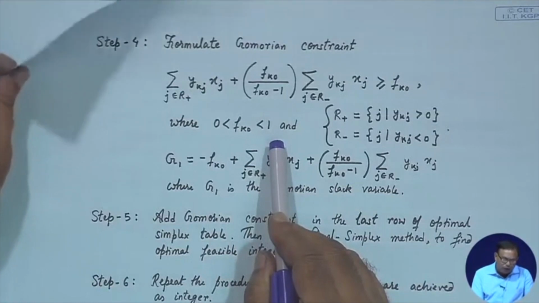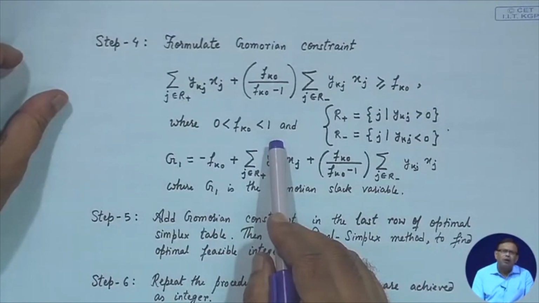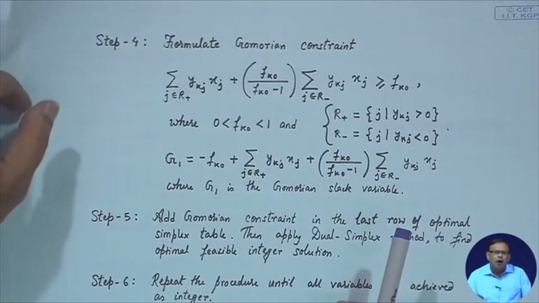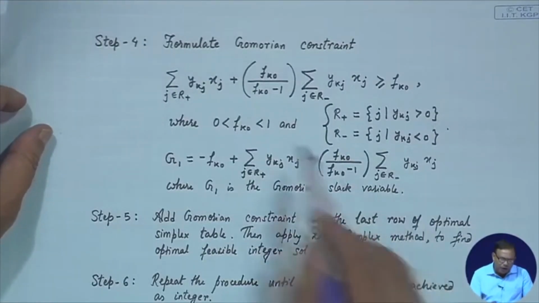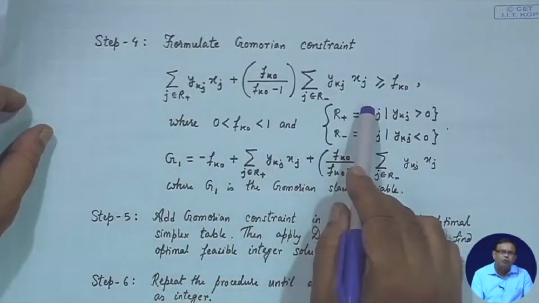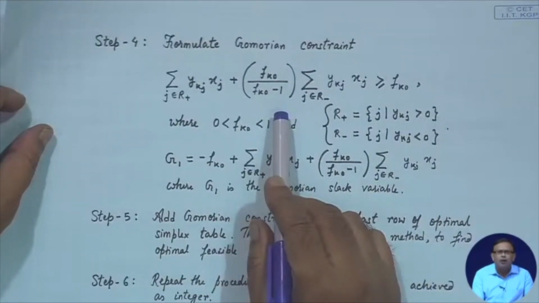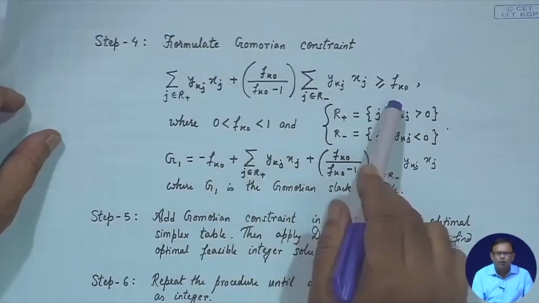So, if you remember, for the integer linear programming problem, this Gomorian constant value was a little different, and for the fractional part it is different. For the integer linear programming problem, I have shown how we derived this equation.